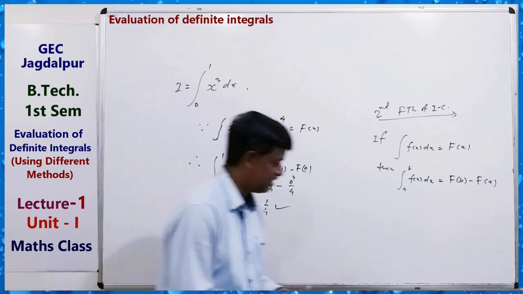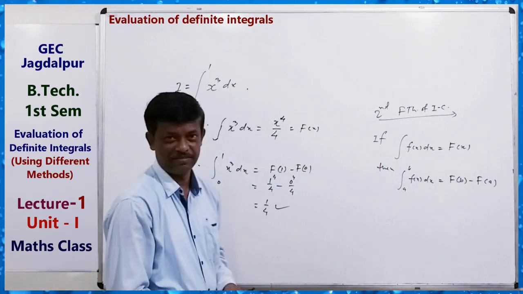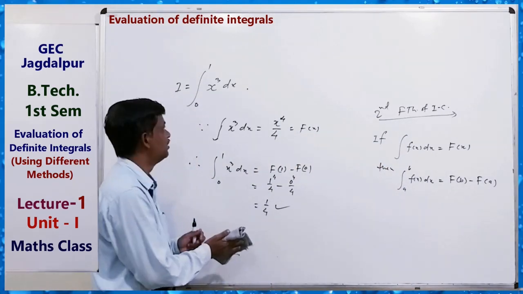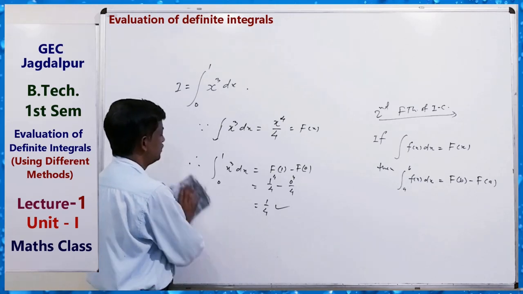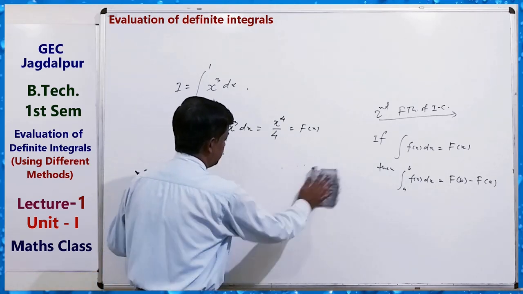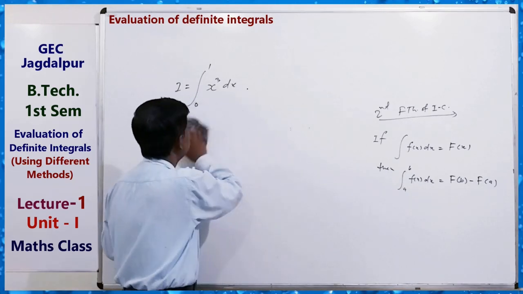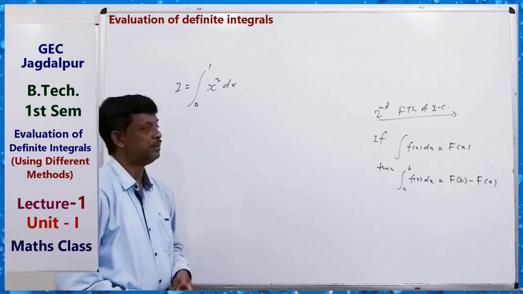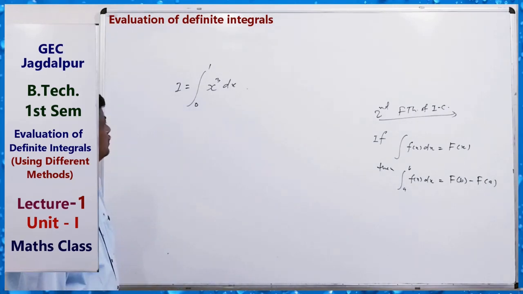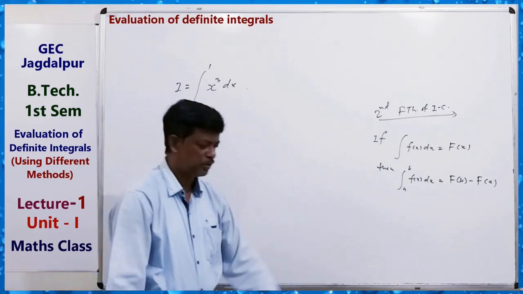Now third is by using property. Not here, property is not required.